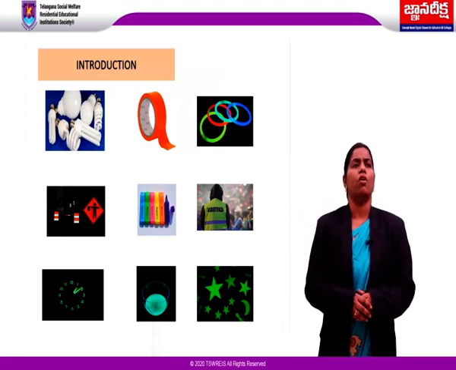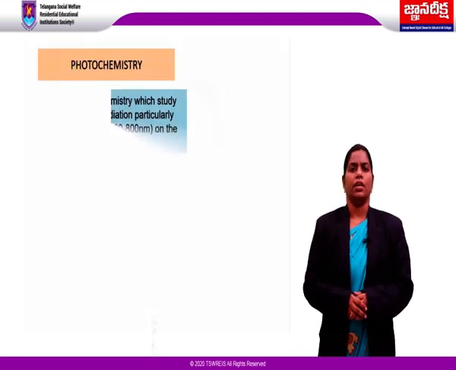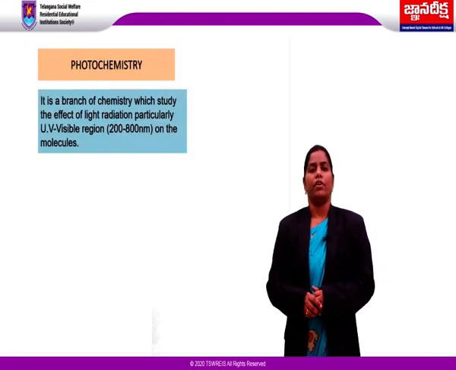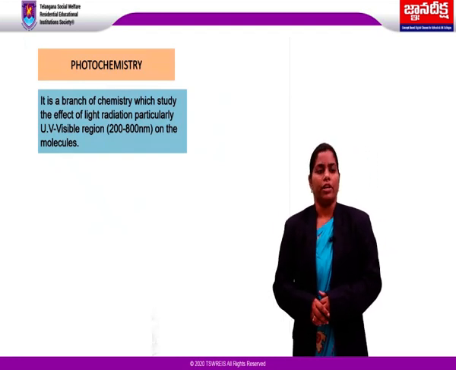To start with, what exactly is photochemistry? It is a branch of chemistry which studies the effect of radiation, particularly UV visible radiation, on molecules.